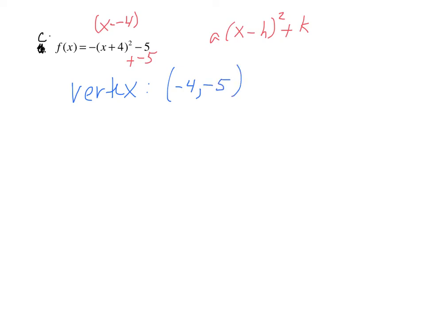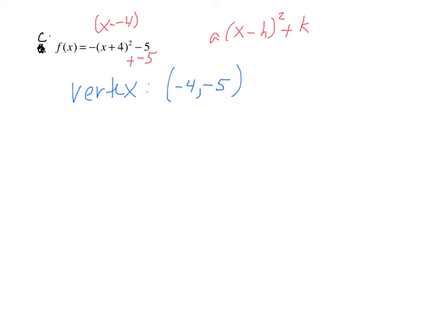So you want to be very careful with that because you're trying to line this up to the original form here, the general form, where that's supposed to be a minus and that's supposed to be a plus. So again, the plus 4 indicates we've got subtracting a negative 4, which makes the h value really a negative. And then our k value is negative.